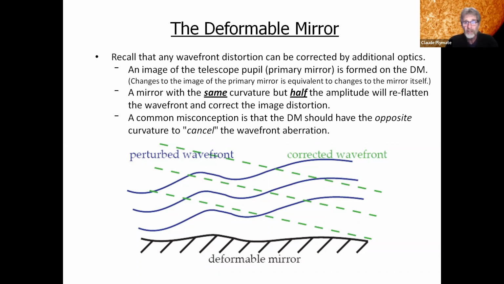And a mirror with the same curvature, but half the amplitude, will reflatten the reflected wavefront coming off of it. Now, a common misconception comes from the word canceling the curvature or the distortion, I think. So a common misconception is that to cancel that, you really want the opposite curvature from the wavefront.